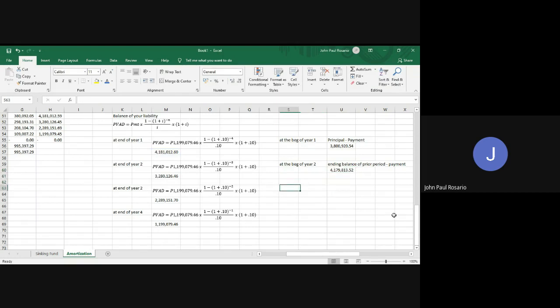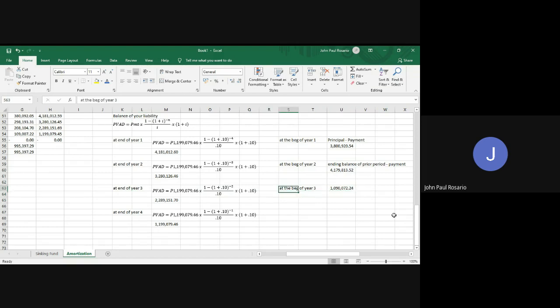At the beginning of year two, the formula is the same. Year 3, this is also year 3, 1,199,079.46.